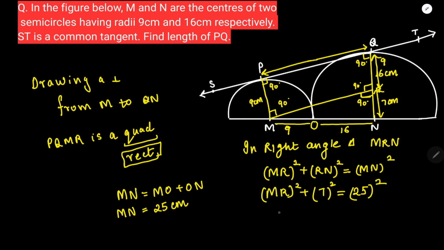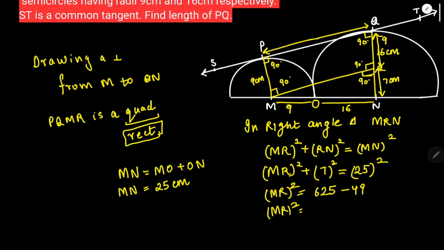In the next step, MR square is equal to 25 square, which is 625, minus 7 square, which is 49. So MR square is equal to 576, that is equal to 24 square. So MR is equal to 24.